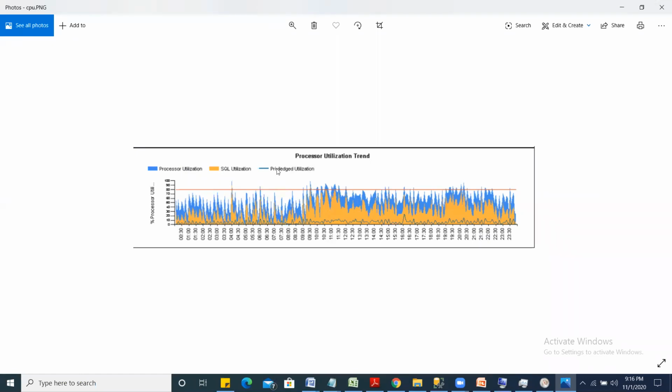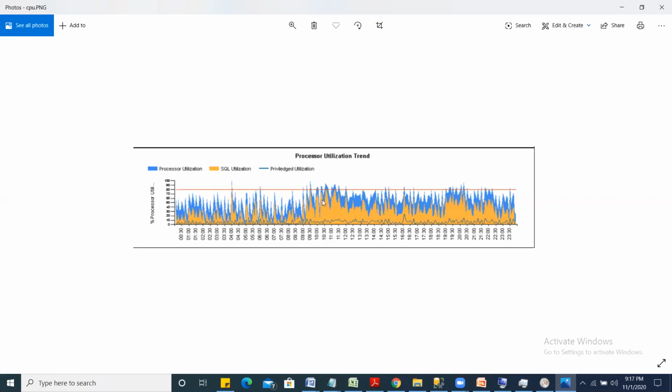This legend here says privileged utilization, it is the black line, and I see that it is very low, right? And SQL utilization is sometimes high, but overall processor utilization is most of the time near about 80%, or more than 70%.